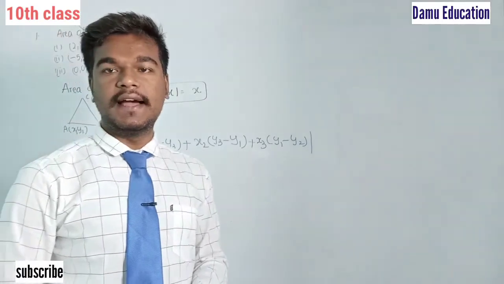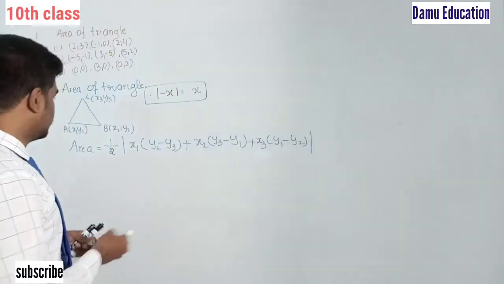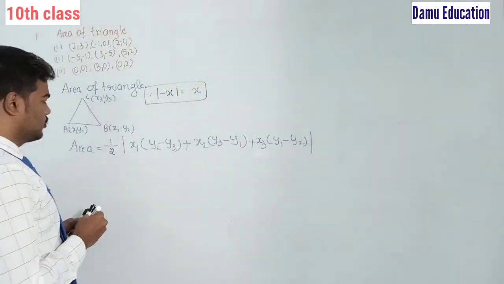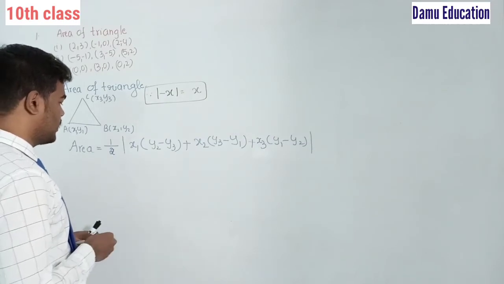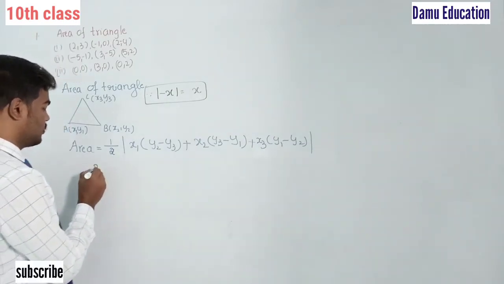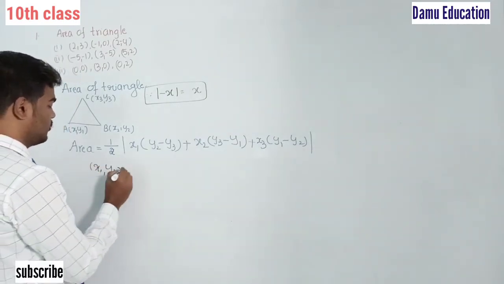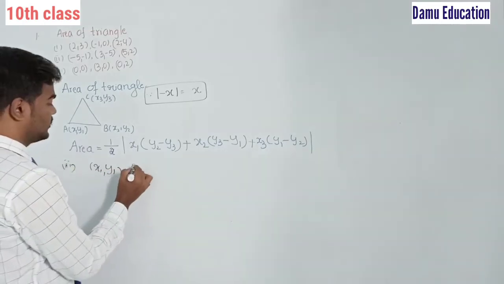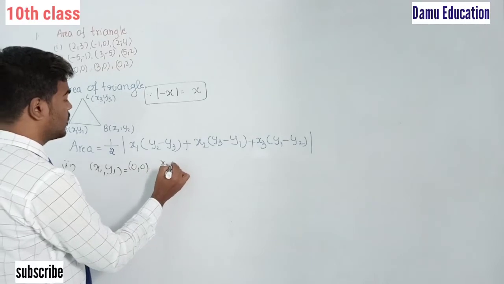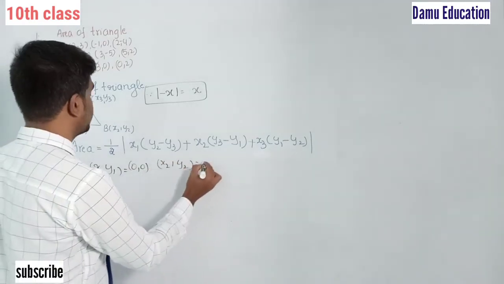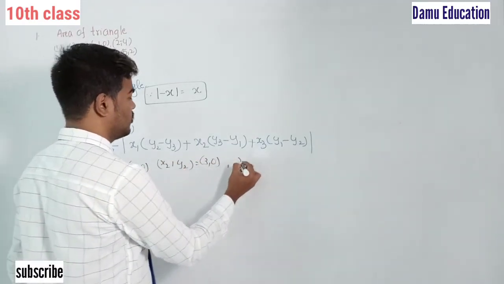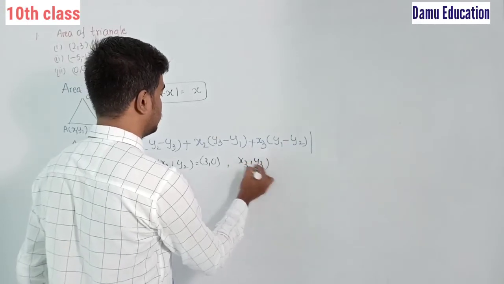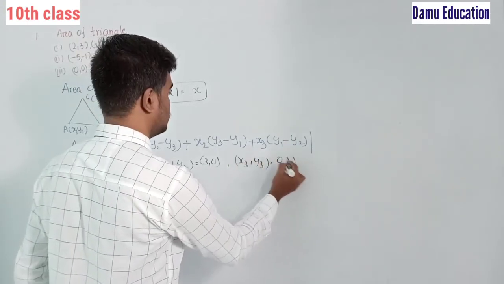Now we are going to see our third one. What is that here? The third one: let's take x1 y1 and x2 y2. So x1 comma y1 is 0 comma 0, then x2 comma y2 is equal to 3 comma 0, and x3 comma y3 is equal to 0 comma 2.